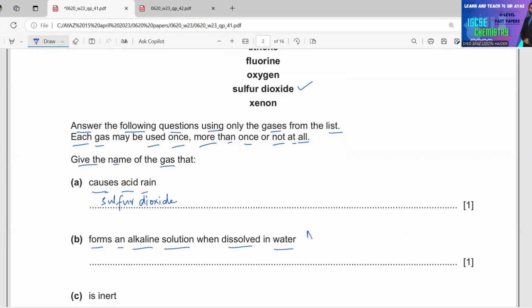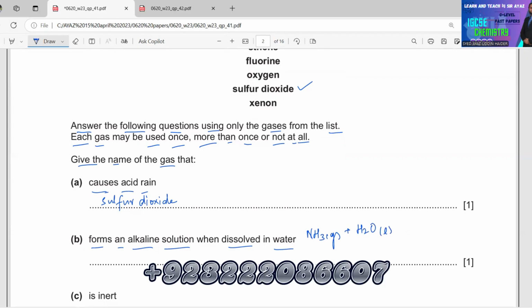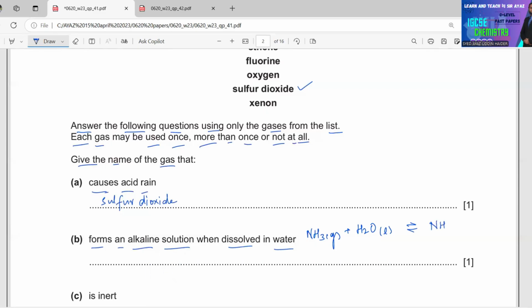This is a reaction between ammonia and water, H2O. It's a weakly alkaline solution, so I will show the sign as reversible here. You will get NH4 positive ion in the solution and OH negative ion. Due to the presence of this OH negative ion, the solution is alkaline. So I will write ammonia here.